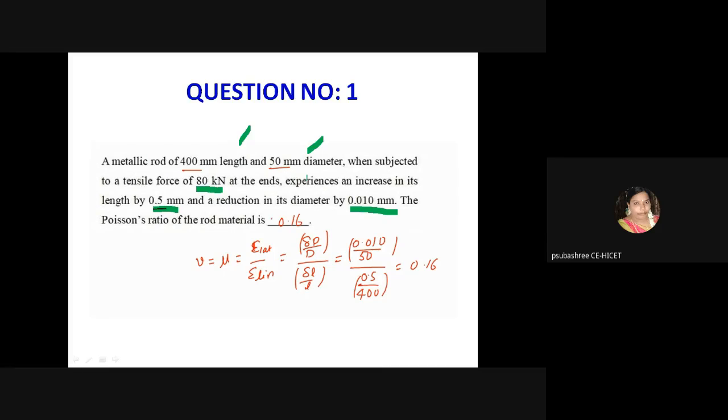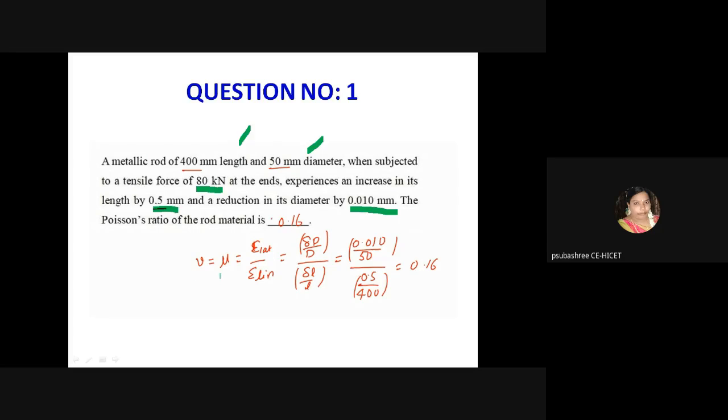The rod experiences an increase in its length by 0.5 mm, so increase in length means the change in length, del L, is 0.5 mm. And reduction in diameter means the decrease in diameter is equal to 0.010 mm.